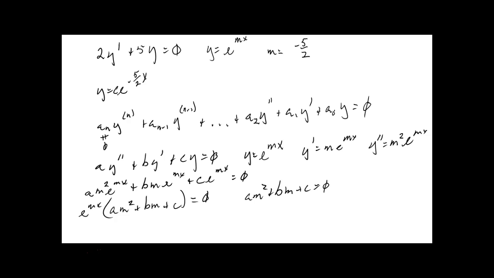If there are 2. There may be none. There may only be 1. But there can't be any more than 2. But you can come up with 2 values for m, and then plug those back in here, and one of them will be e to the first mx, the other one will be e to the second one. Then you put arbitrary coefficients with them, and you've got your general solution.